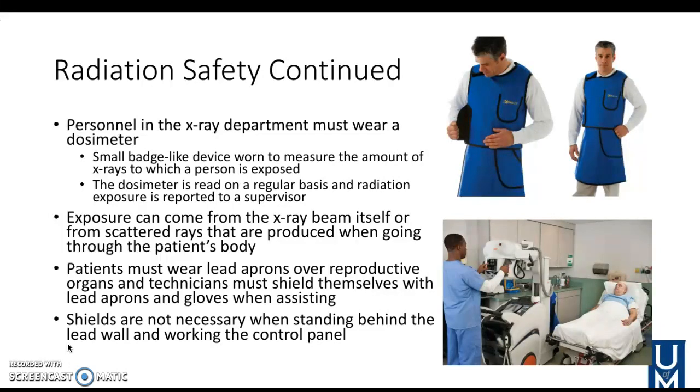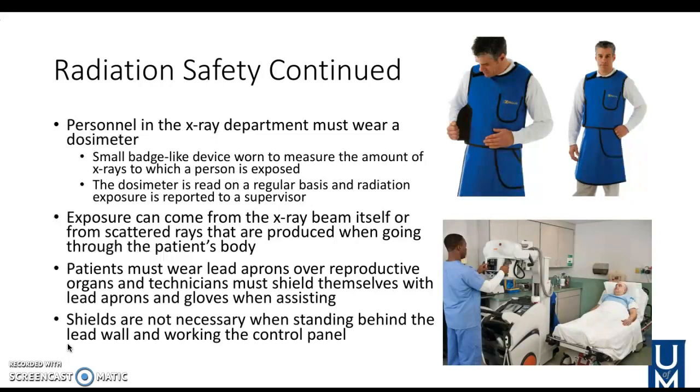So exposure can come from the x-ray beam itself or from scattered x-rays that are produced when going through the patient's body. So oftentimes you'll see the x-ray personnel behind a wall, and that is to prevent those x-ray beams from getting to them. They can also wear these vests or aprons that you'll see this gentleman at the top is wearing to block those x-rays from getting to their vital organs as well.